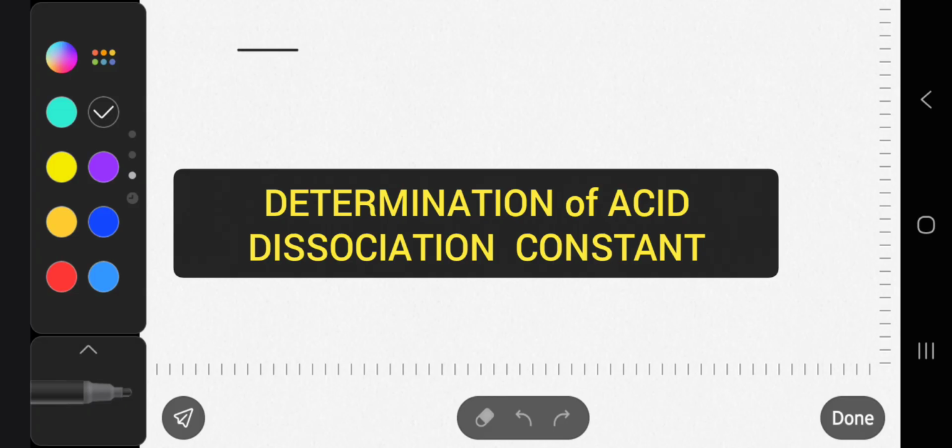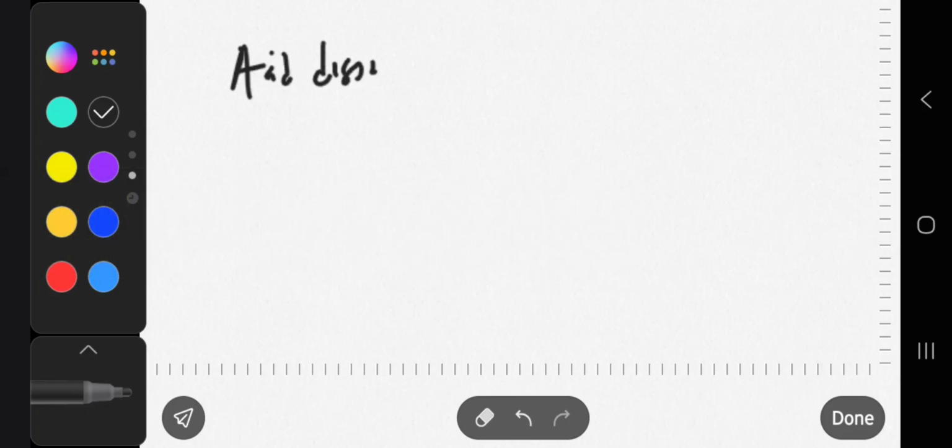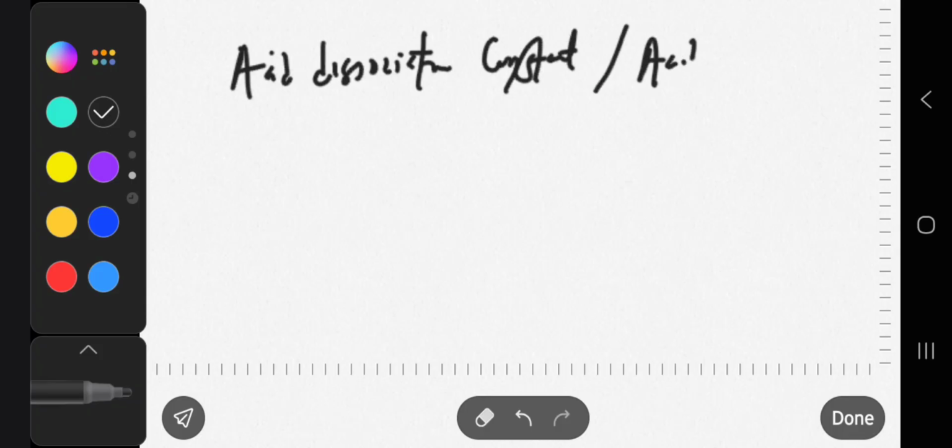So we know that the acid dissociation constant, or we call it the acidity constant, that's another name, acidity constant.